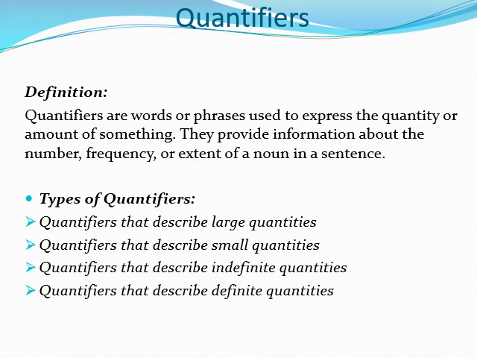An amount and quantity is about the same meaning, so I'll replace quantity with amount here, maybe to make it easier to understand. Types of quantifiers: quantifiers that describe large amounts, quantifiers that describe small amounts, quantifiers that describe indefinite amounts, and quantifiers that describe definite amounts.